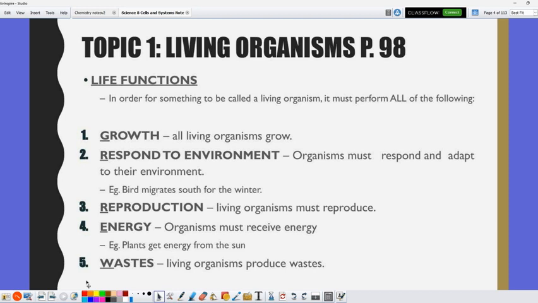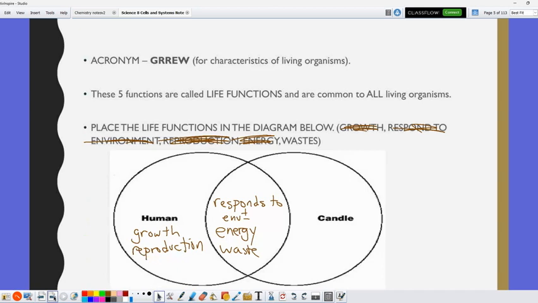So we went through the whole argument whether cars were alive or not. And in the end, cars aren't made of cells, so they're not considered to be living. And there's the acronym that I taught you to help remember all 5 of them, and it really helps me as well. Those 5 life functions are common to all living things.